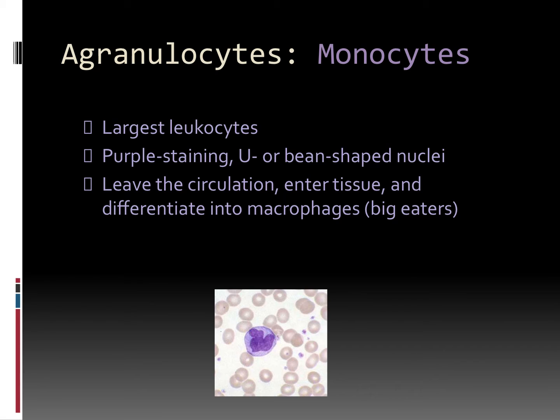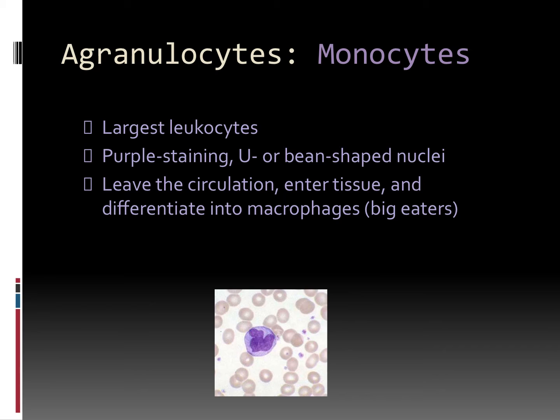They're kind of U-shaped, so that's how you recognize a monocyte. And what they do is they leave the bloodstream and enter into tissue, and there they become macrophages that you're probably familiar with. So they go in tissue, and they can gobble up invaders and then present them to the rest of the immune system so your body can fight off an attack of disease.